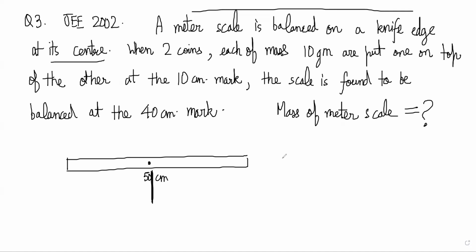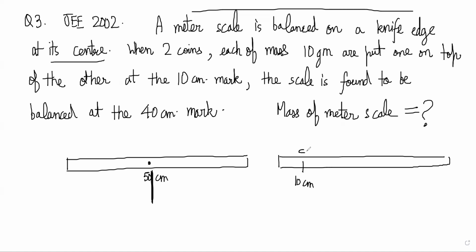Now what you did was put two coins at the 10 centimeter mark. You put coin 1 and coin 2 here, right? And now the meter scale is balanced at the 40 centimeter mark, not at the 50 centimeter mark.